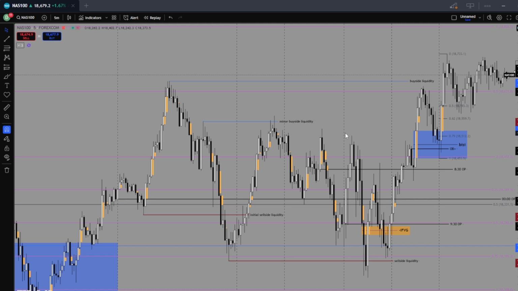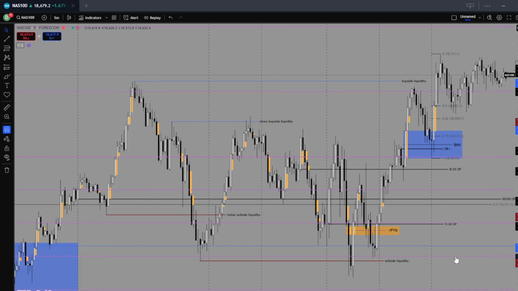Then it consolidated and again came down below the 9:30, 8:30 and the midnight open price. So it's in deep discount, it's in oversold condition. You don't need any indicators. I'm telling you this, you don't need any indicator to identify discount, like oversold and overbought conditions. You just need price and time. That's all that is required.